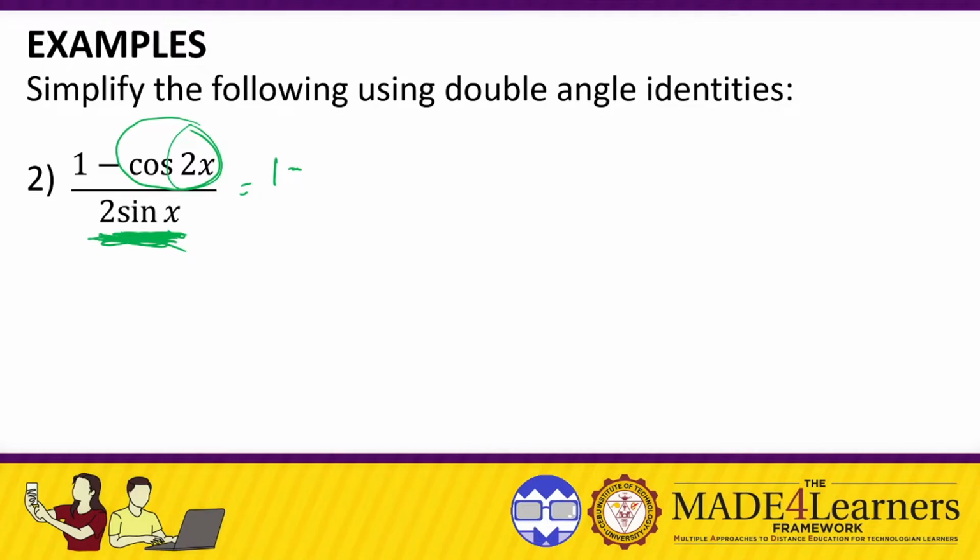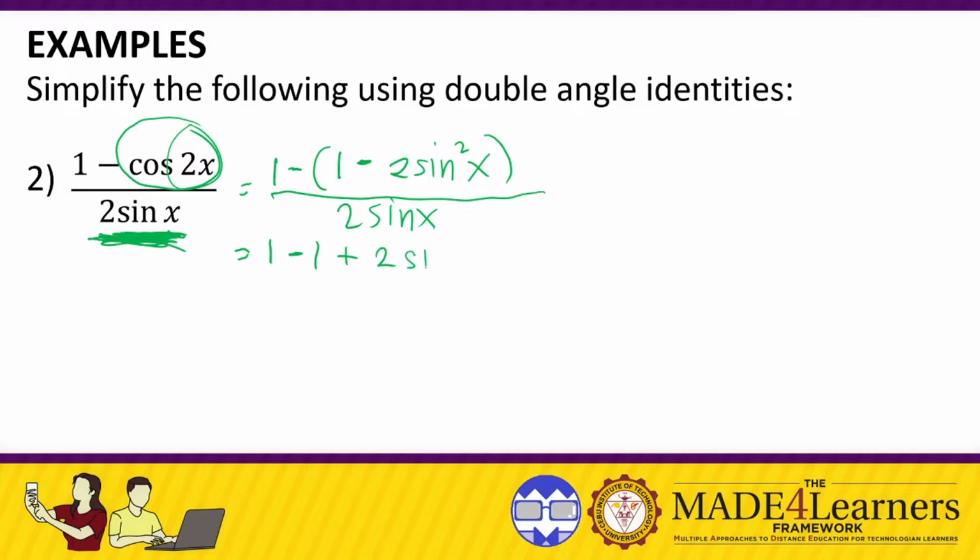So we will use 1 minus 2 sine squared x. I think this is the third form of the cos 2x identity. So this becomes all over 2 sine x. Then let's simplify further. We have 1 minus 1 plus 2 sine squared x all over 2 sine x, so we distribute the signs.